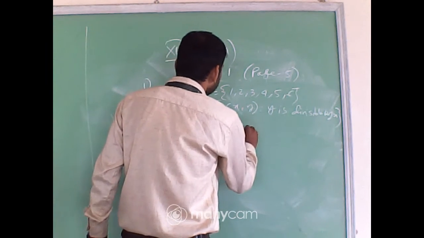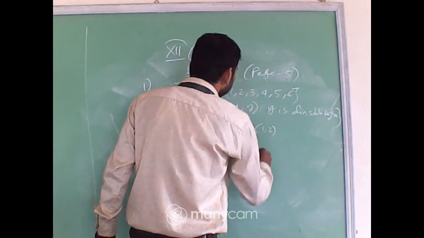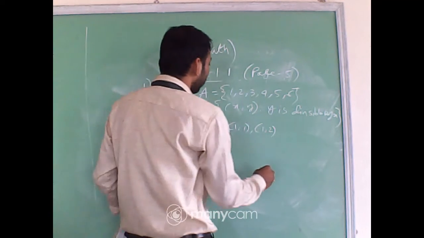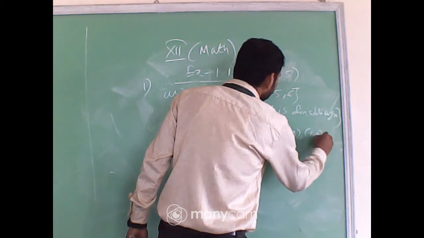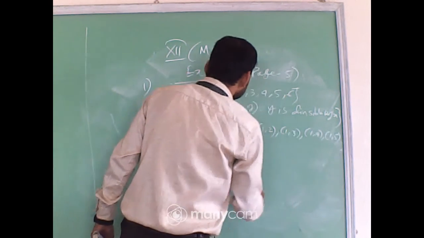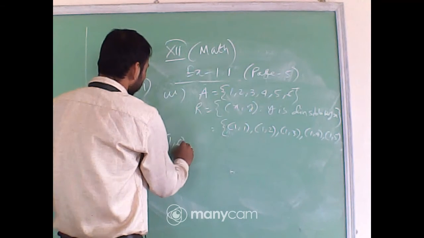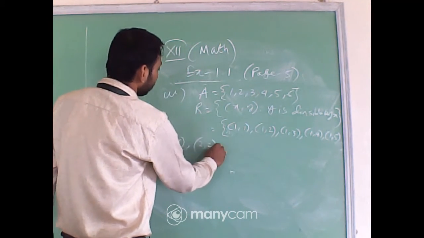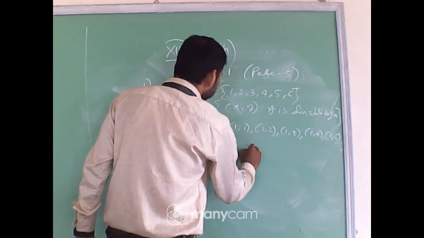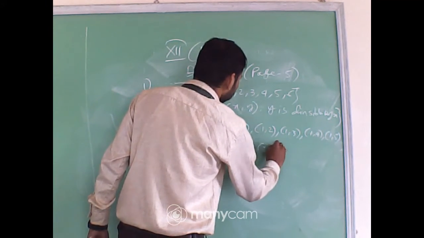Y is divisible by x. So 1, 1, 1, 2. All the elements are divisible by 1: 1, 3, 1, 4, 1, 5, 1, 6. Now starting with 2: 2, 2, 2, 4, 2, 6.